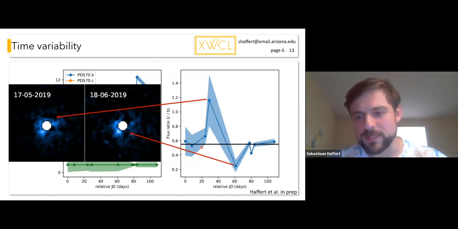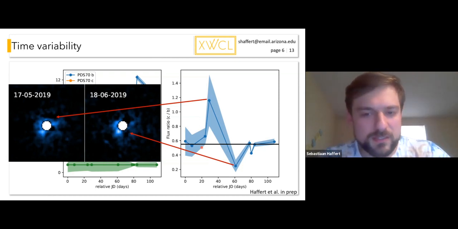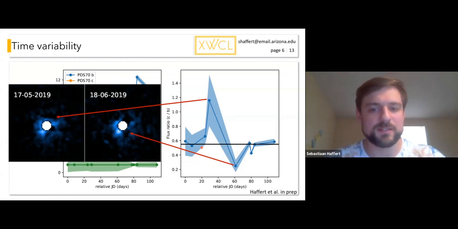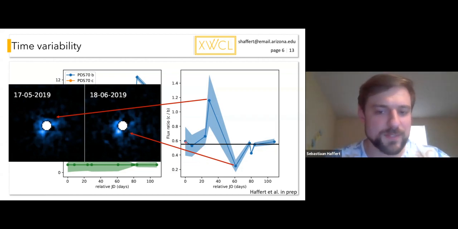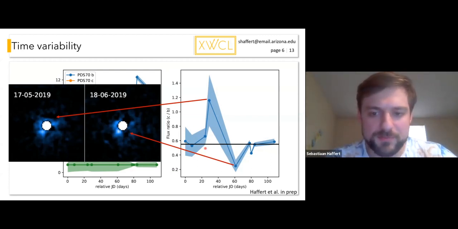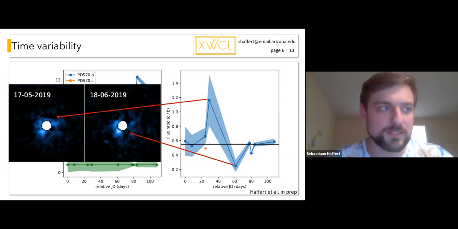So in conclusion, what we can say about variability is that the 2 planets are probably not variable, or at least not within roughly 20%. We have a 20-30% error margin on the variability, and within that error margin, we don't see the companions vary.